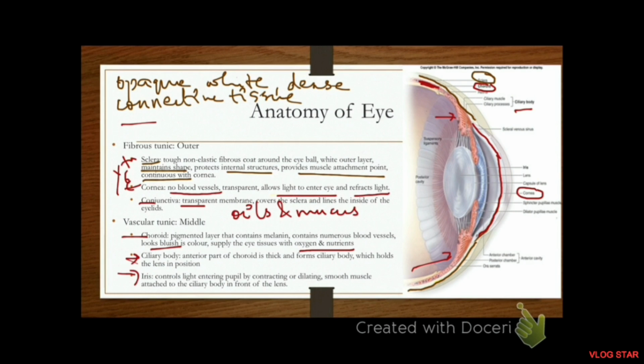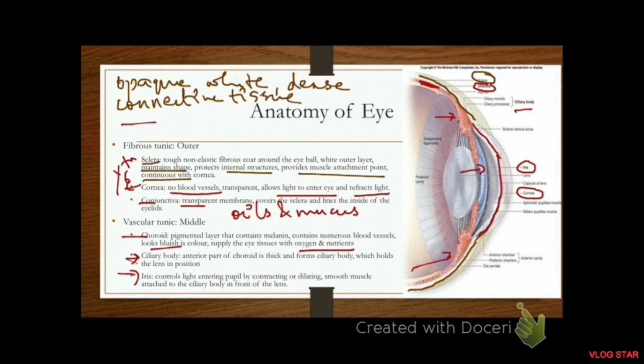You can see that the eye is brown in color, so that's the iris layer. It is a pigmented circle, attached to the ciliary body in front of the lens, which you can clearly see over here.